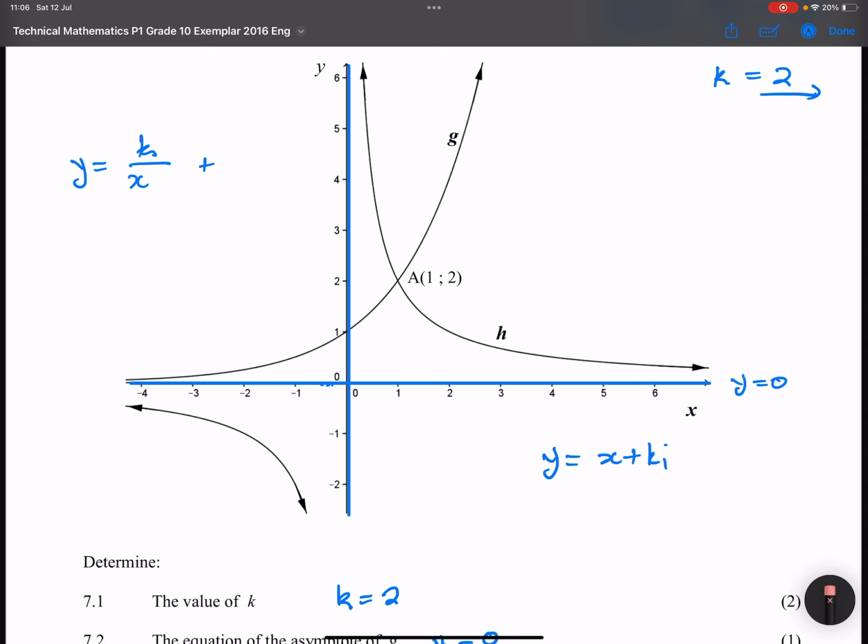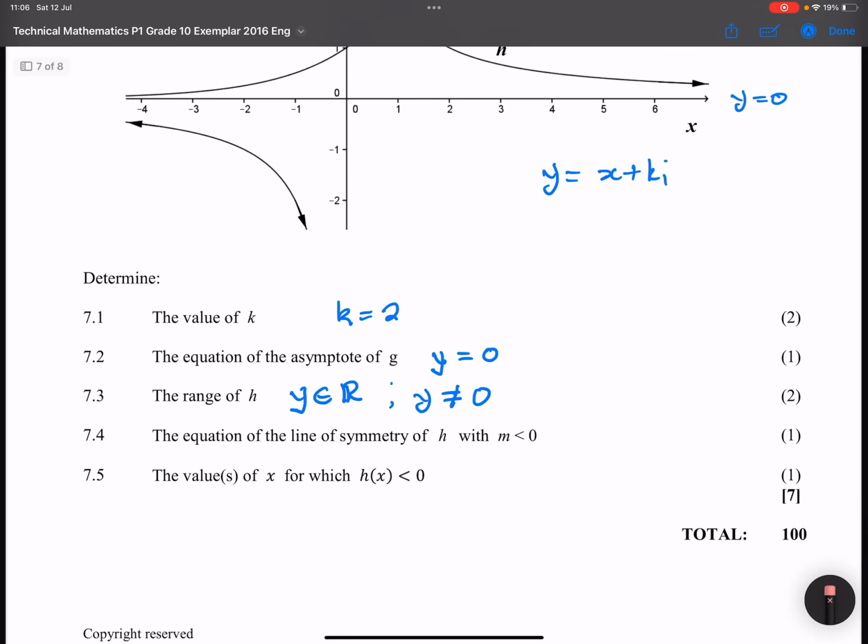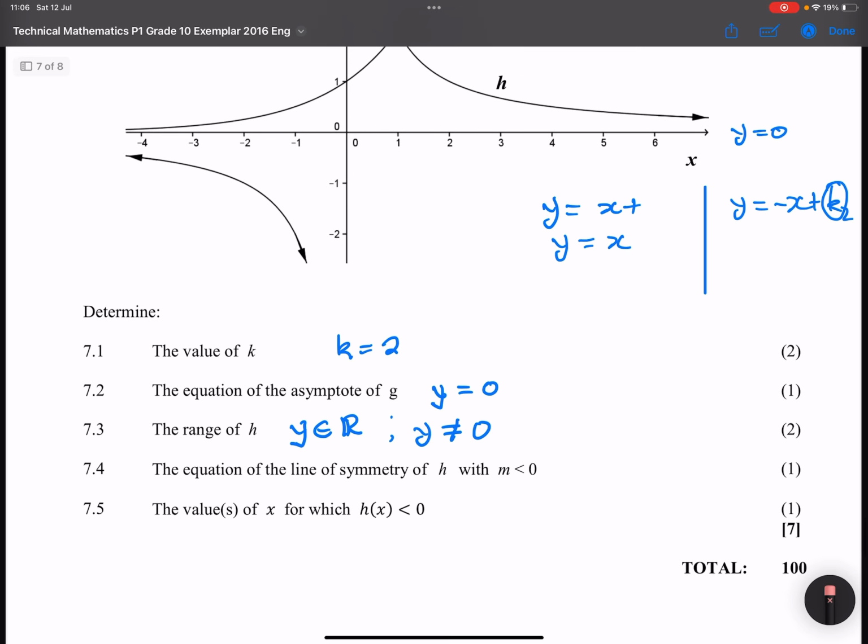So now our axis of symmetry simply becomes y is equal to x. By the way, the other one is y is equal to negative x plus k2. To get the value of k1 and k2, you'd substitute the intersection of your asymptotes.